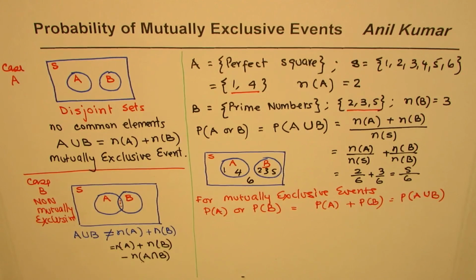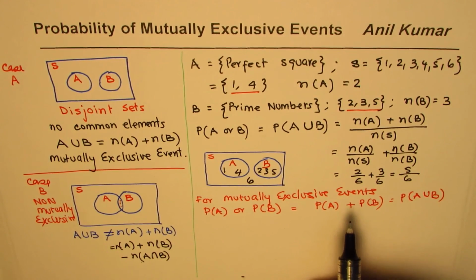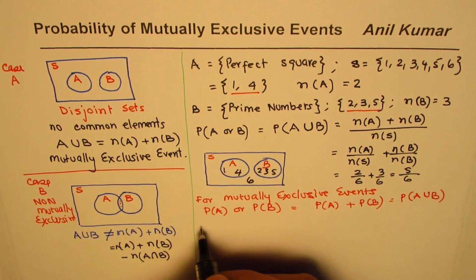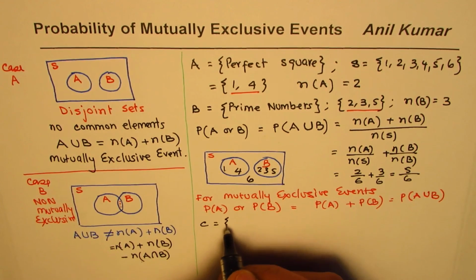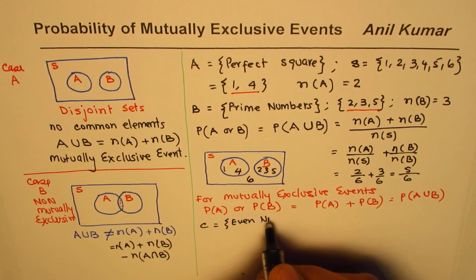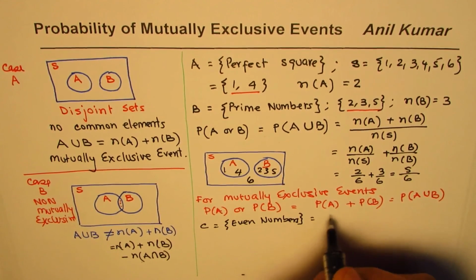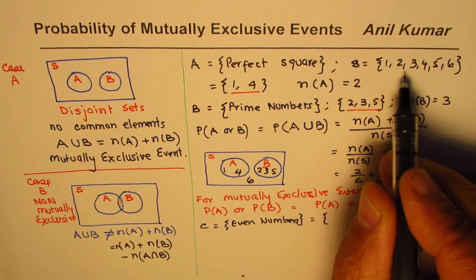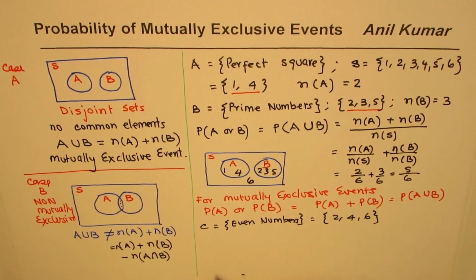Now let me take up an example just to show you the difference where the events may not be mutually exclusive. For example, if we take an event C, we already have defined A and B. Let C be even numbers, right? So in the dice, 2, 4, and 6 are even numbers.